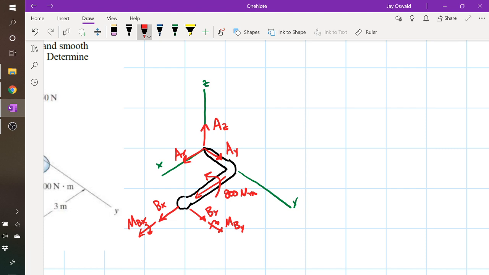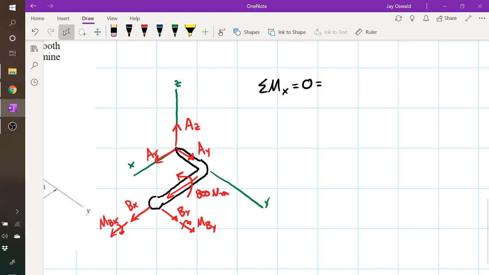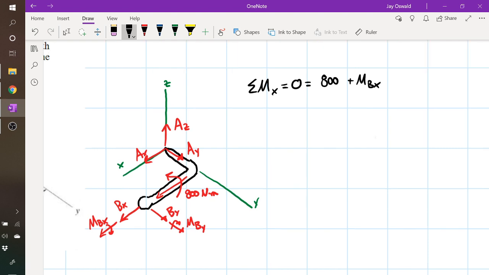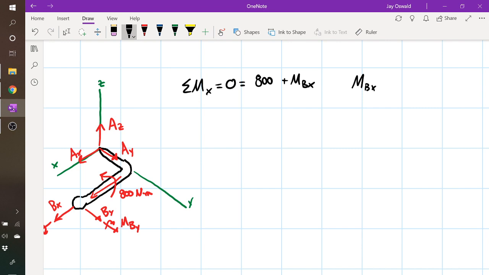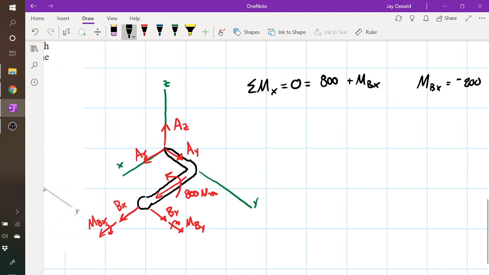It's going through the axis. Oh, that x-axis. Yeah, I see. I was not even thinking of moving the x-axis. All right, so sum of moments about x-axis is equal to 0 is equal to, yeah, nothing at A is going to do anything, 800 Newton meters. BX obviously can't, BY can't, there's no Z component, plus MBX, so MBX is equal to minus 800 Newton meters. Okay, good.